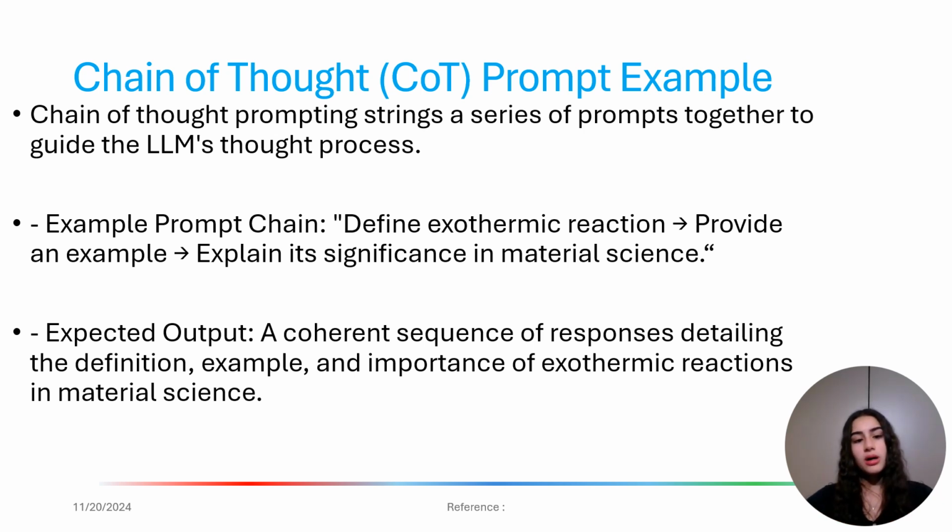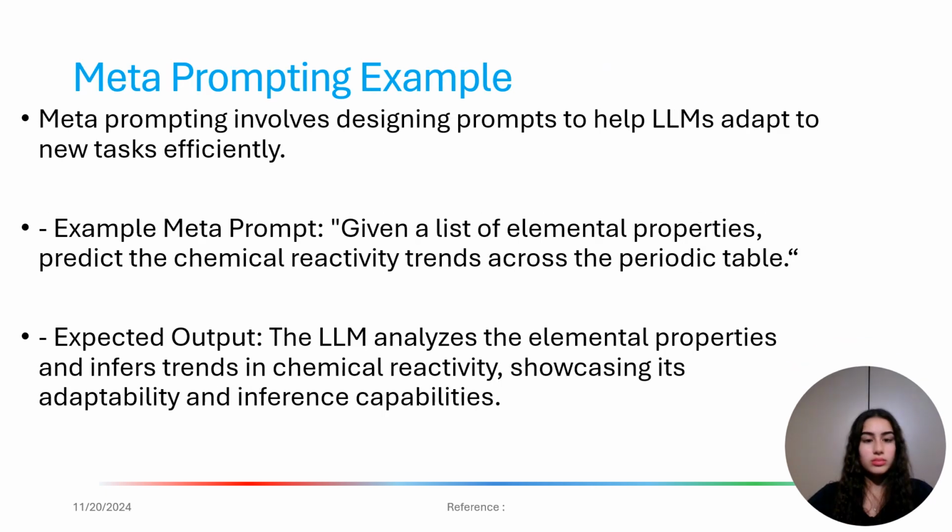For example, you give a prompt chain: define exothermic reaction, provide an example, explain its significance in material science. We're giving it step-by-step prompts. So we would expect the output to be a coherent sequence of responses detailing the definition, and then an example, the importance of exothermic reactions in material science. And this is why I find it pretty cool because it's kind of a little bit of everything.